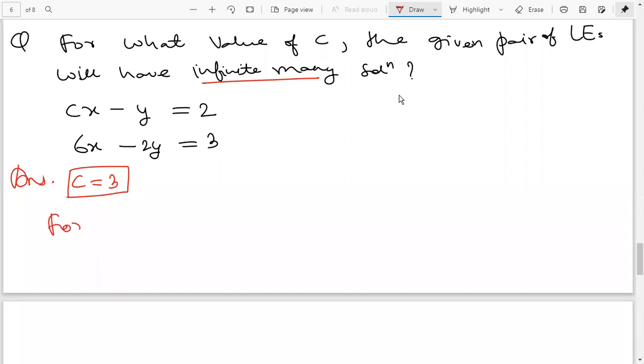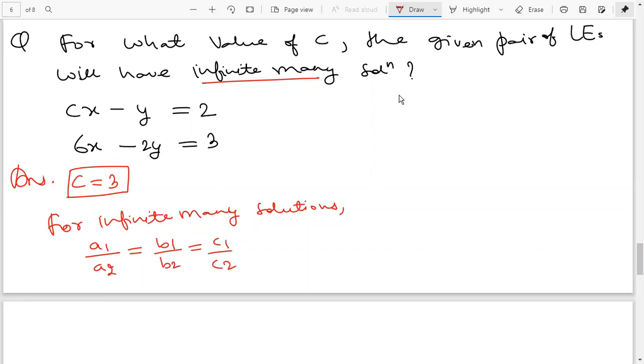So we can say for infinite many solutions, what is our condition? A1 by A2 equal to B1 by B2 equal to C1 by C2. This is our condition.